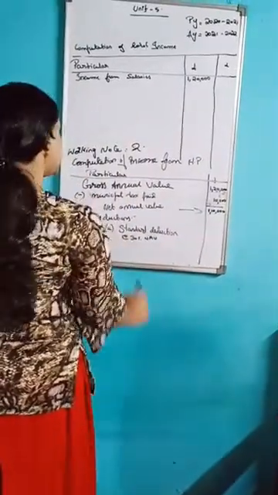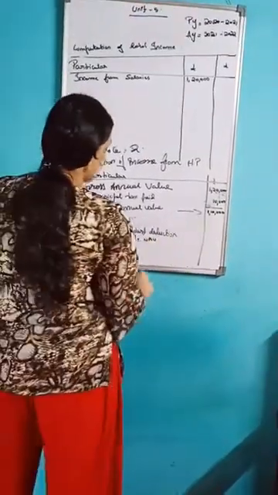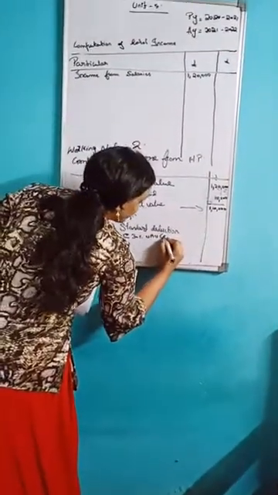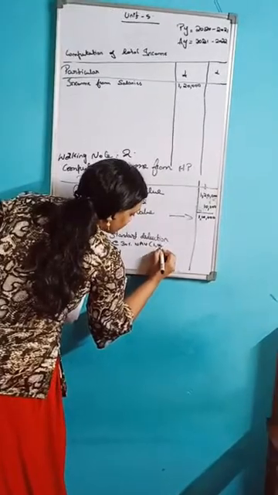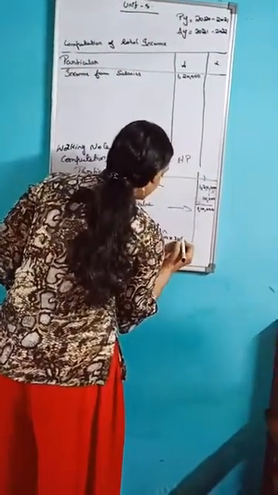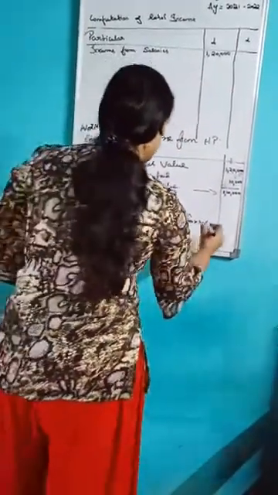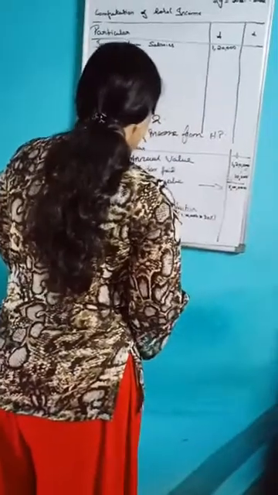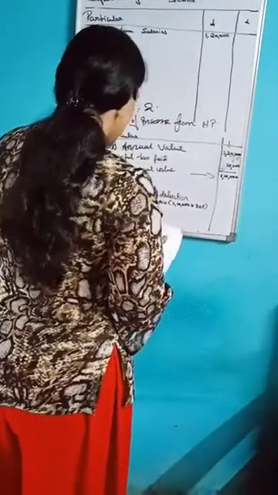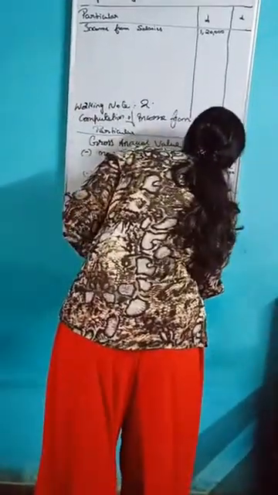So you should take this NAV value. How much will you get? 1,10,000. So here 1,10,000 into 30%. How much will you get? 1,10,000 into 30%, you will get 33,000.